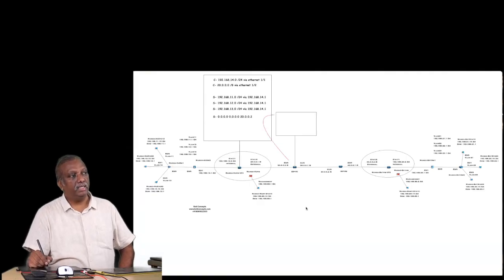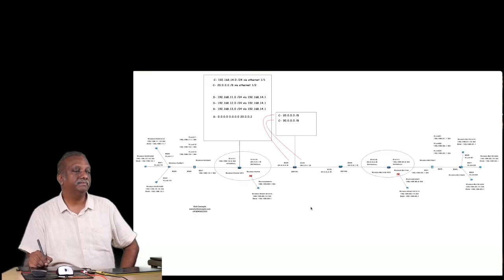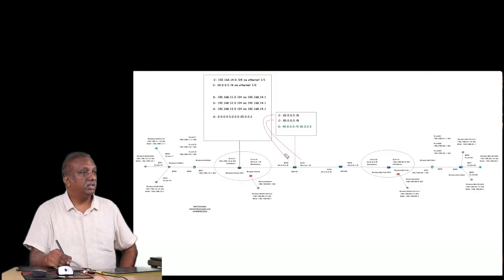Because it has an IP address of 20.2, a route will be there saying that for the 20 network it can send the packet. It has an IP address in the 30 network ID too, so there is also a route for the 30 network ID. It has routes for 20 and 30 because these two are directly connected. It also has a route for the 40 network ID saying pass the packet to 30.2.